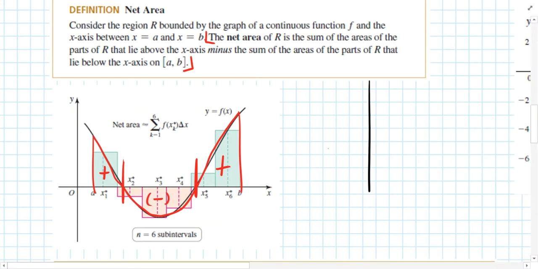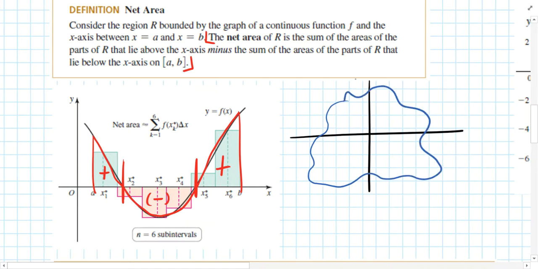One example off the top of my head of where that might be important is maybe we're looking at a top-down view of a satellite image, and we're trying to estimate the area associated with a lake. The lake might have an irregular shape, and we need to compute its area. With some regression analysis, we can find the equation that represents the shoreline of this lake.